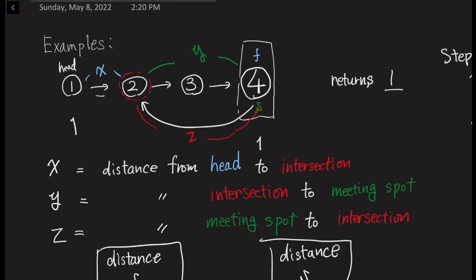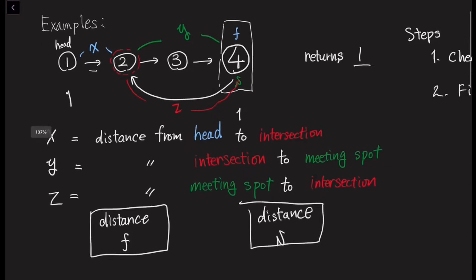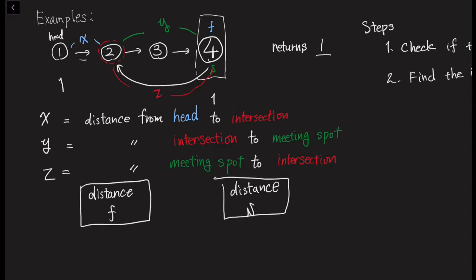Using those variables, now we can calculate the distance the fast pointer travels and the distance the slow pointer travels. The distance the fast pointer traveled to get to the meeting spot is x plus y plus z plus y. And the distance the slow pointer traveled to get to the meeting spot is only x plus y.